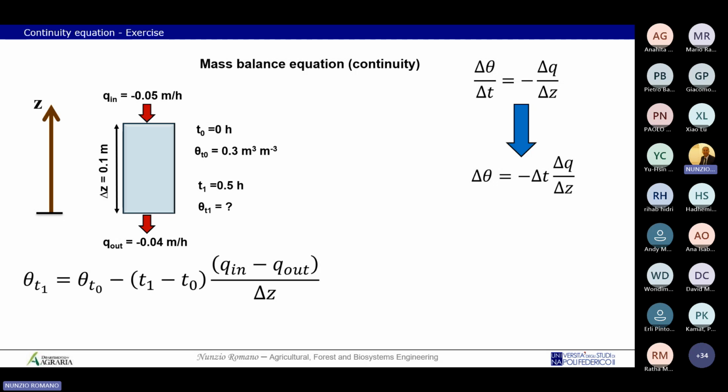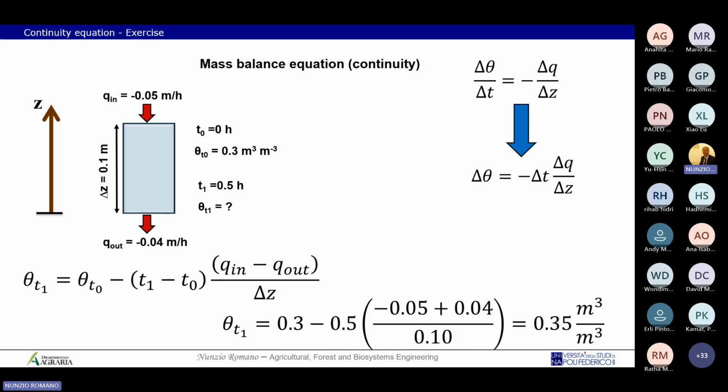We can now move to the values. The initial water content is 0.3, and then the variation over time, delta t, is 0.5 minus 0, so it's 0.5. Then Q in and Q out are at the numerator of the ratio, and delta z is the length of the column, 0.1.